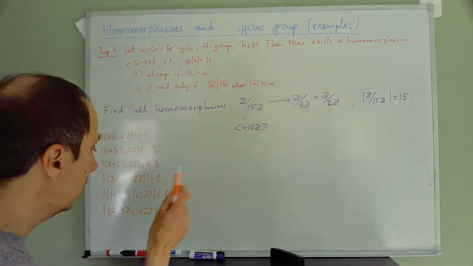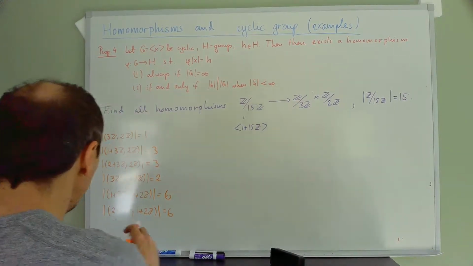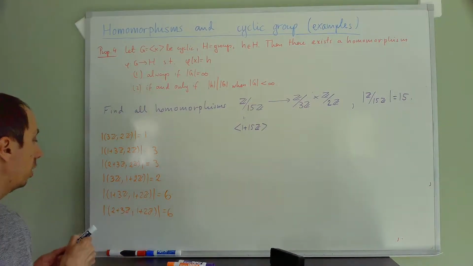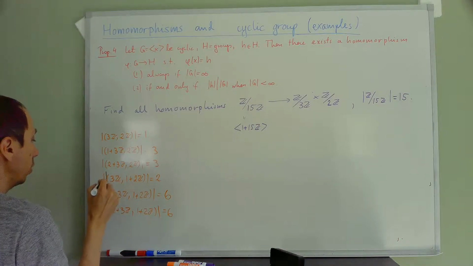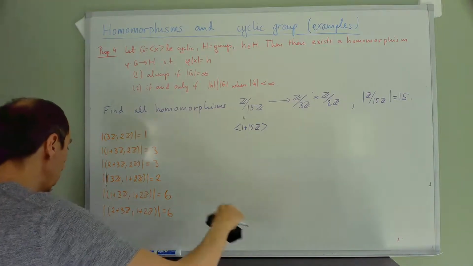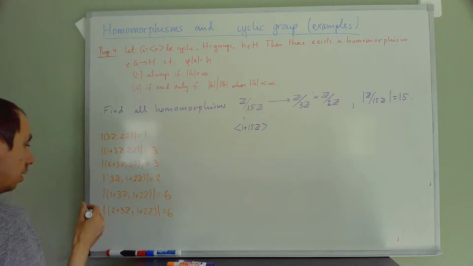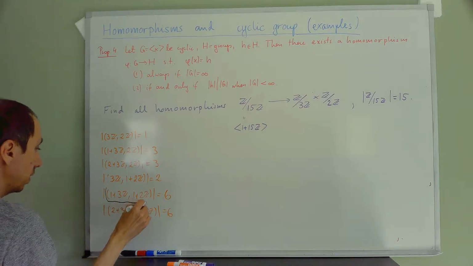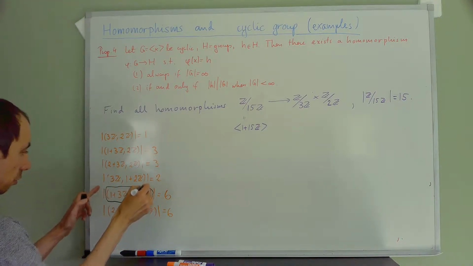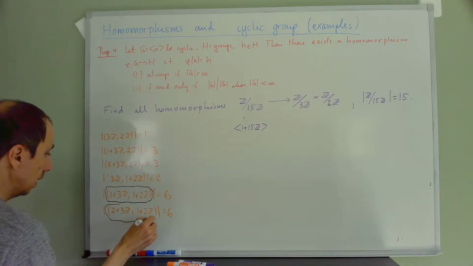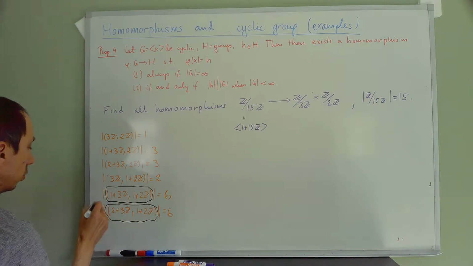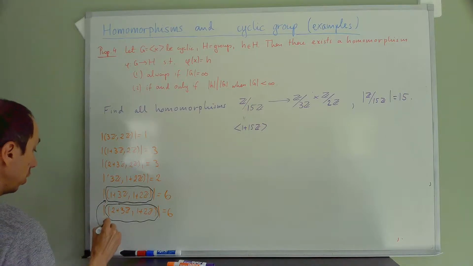But this group actually is cyclic. And here are the 2 possible generators, right? This one, sorry, no, wrong one, that's not a generator. This guy here, without the brackets, and this guy here are generators.